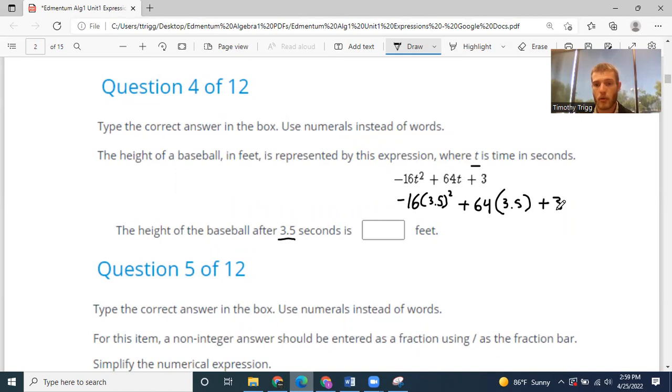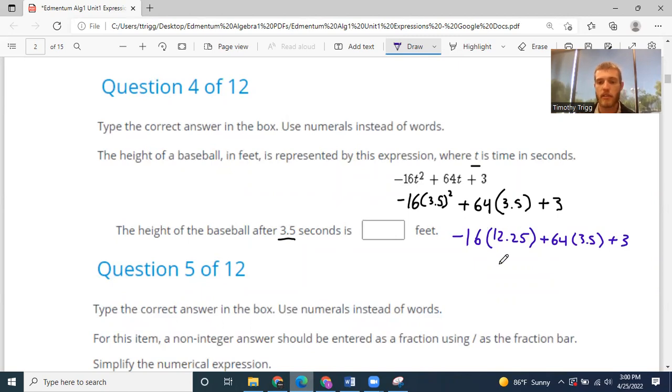Plus 3. So the first thing we want to do is this exponent. So 3.5 squared. That means 3.5 times 3.5. That's 12.25. So I've got negative 16 times 12.25 plus 64 times 3.5 plus 3. So negative 16 times positive 12.25.